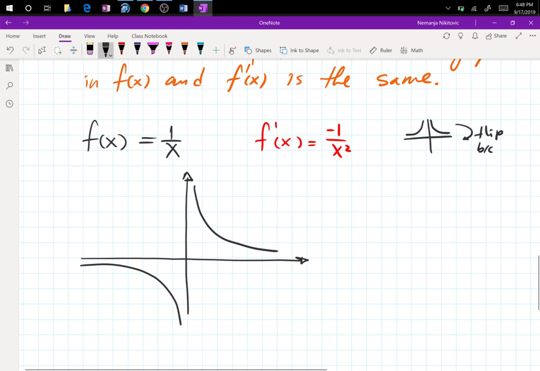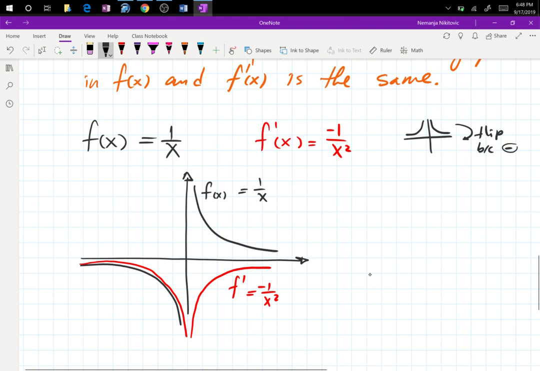Flip because of the negative sign. So the black function is f of x. The red function here is f prime, negative 1 over x squared, sorry. And f of x equals 1 over x.